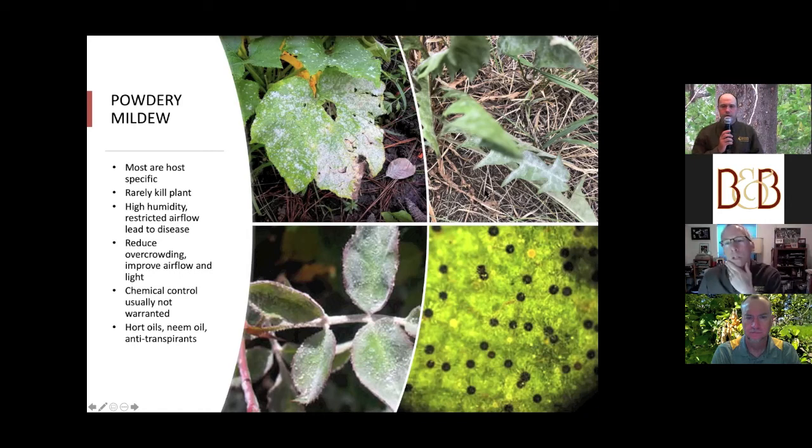This particular dandelion is by a fence and there's a lot of shade there. So it might be a little bit more humid, because on the other side of the fence I actually water every day because I've got some struggling raspberries. And so it's in a condition where it's going to get some powdery mildew on it. But again, that's probably very specific to that plant.